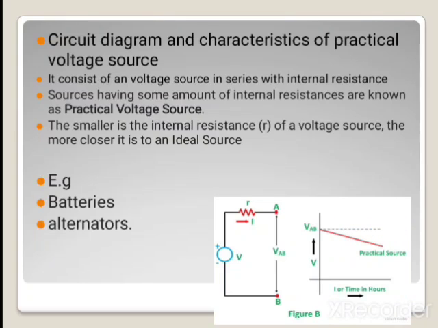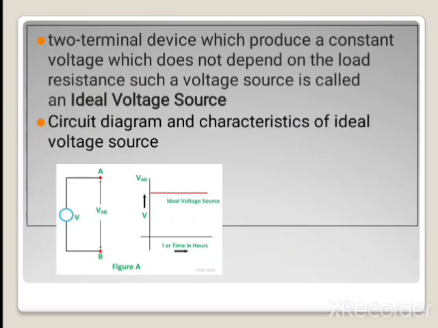So this is nothing but your voltage source and current source. Suppose you might get a question to differentiate between current source and voltage source. So the first point is the definition. Okay, then the second point is: current source has infinite internal resistance and voltage source has zero internal resistance.